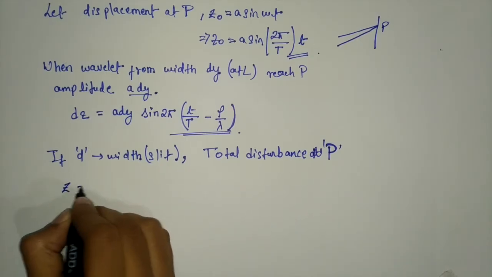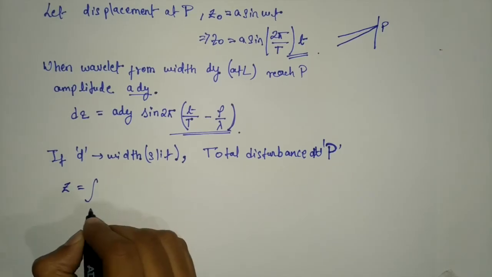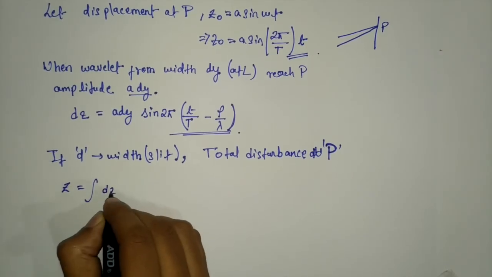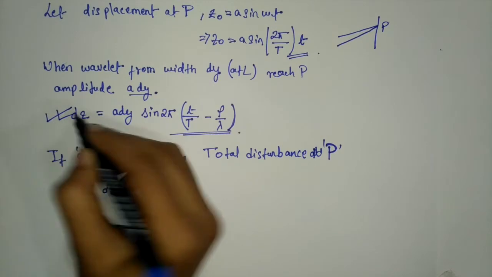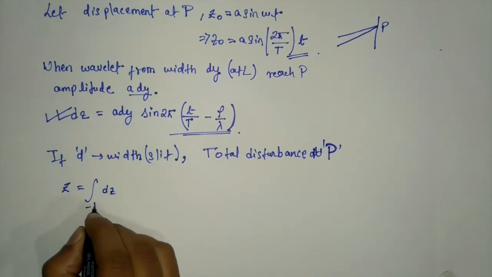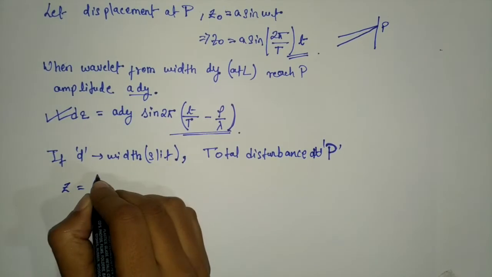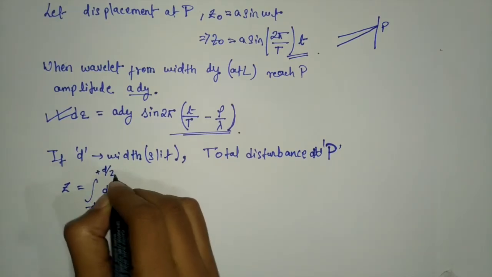So Z will be integration of dz, that is this value we have already written, from minus d by 2 to plus d by 2.